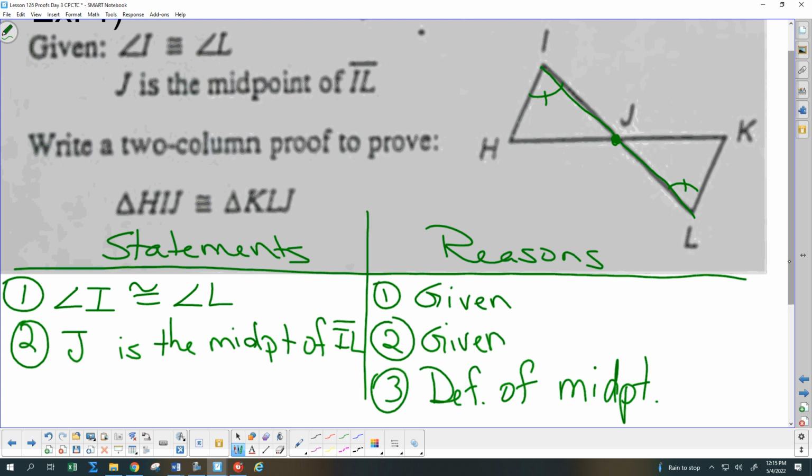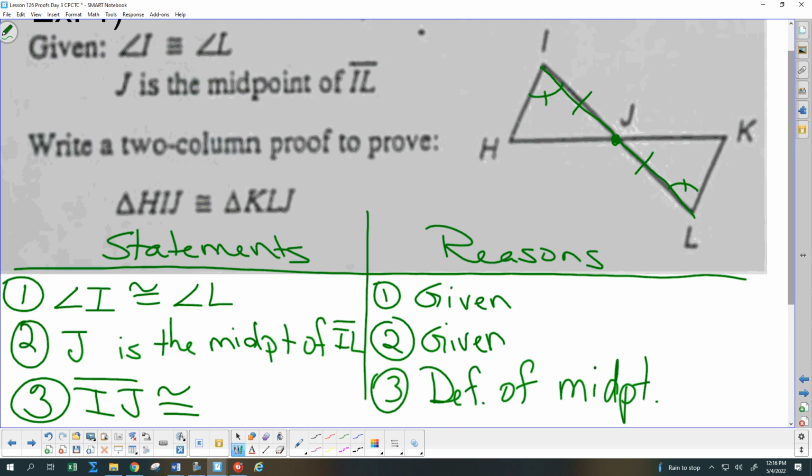who can tell me what I can say for the statement that goes with that reason? Notice we're looking at the one I highlighted in green. We do not know if J is the midpoint between H and K or not. Ethan? So IJ is congruent to JL, LJ.